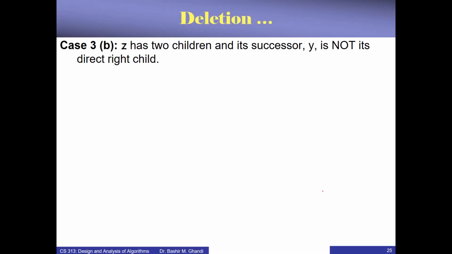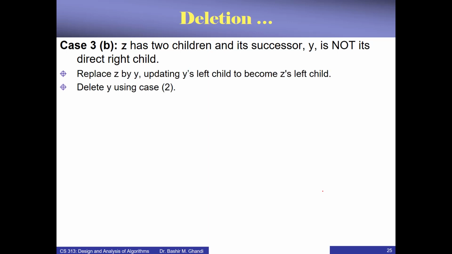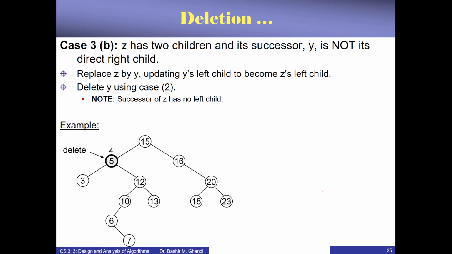And there is a similar scenario. Well, this is the same case, but I'm just showing you a real example. We want to delete 5. Okay, 5 has 2 children. Moreover, the successor of 5 is not its immediate right child.